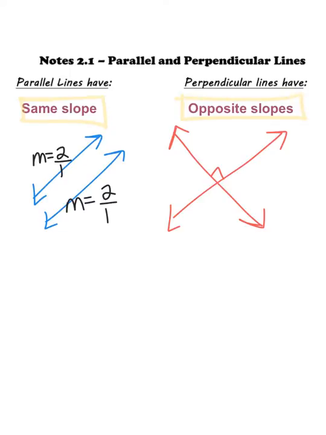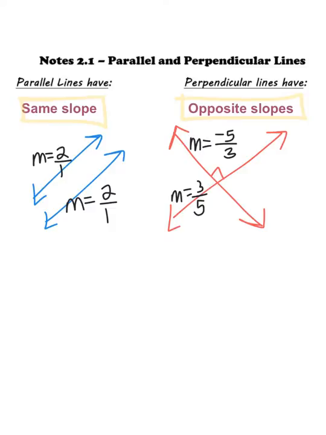To give you an example of opposite slopes, if my first line, let's say this one moving up to the right, has a slope of, let's go with 3/5, so it's moving up 3 and over 5 each time. The second line that's moving down and to the right is going to have a slope of negative 5/3.